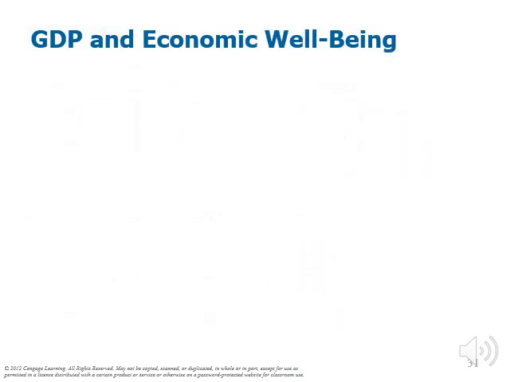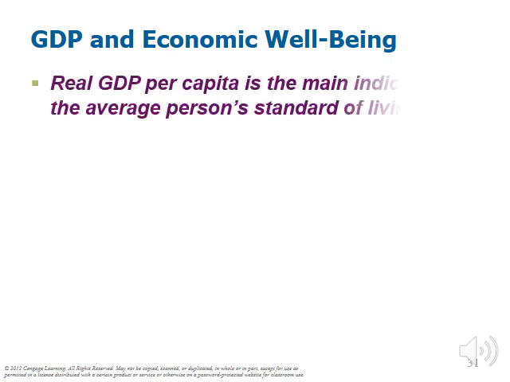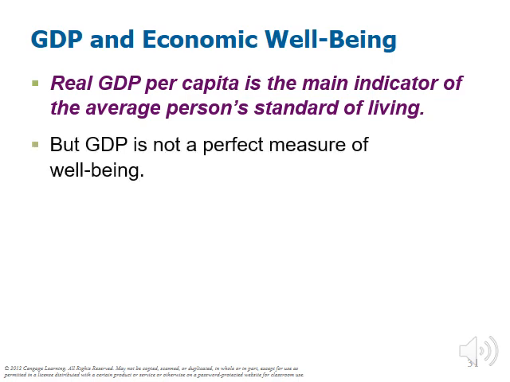GDP and economic well-being. Real GDP per capita is one of the main indicators of an average person's standard of living. But GDP is not a perfect measure of well-being. Robert Kennedy issued a very eloquent yet harsh criticism of GDP. It's also a criticism of using GDP as the only or sole measure as to whether or not a public policy should be undertaken or not.